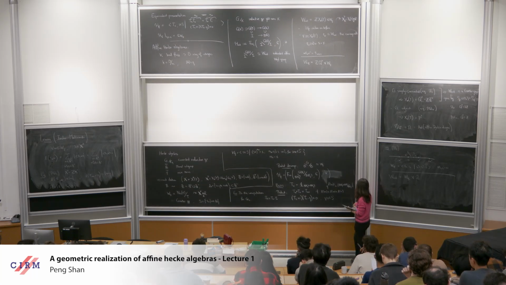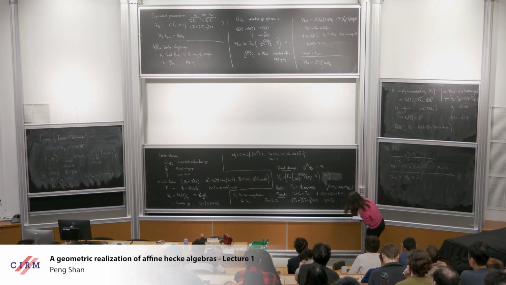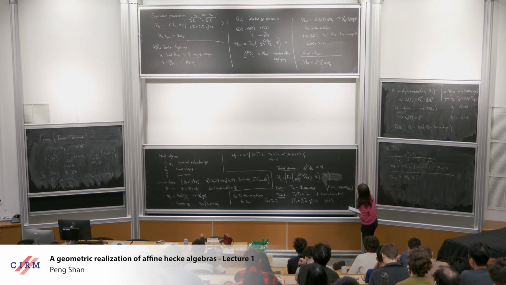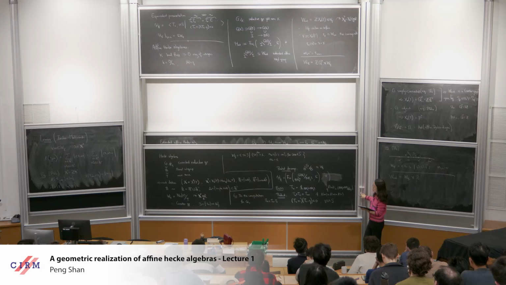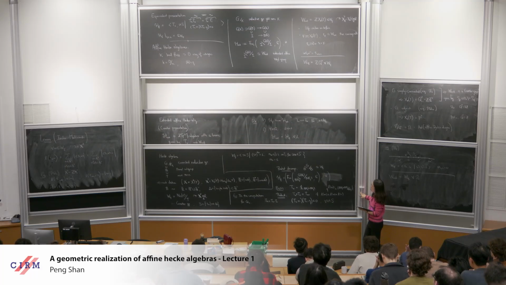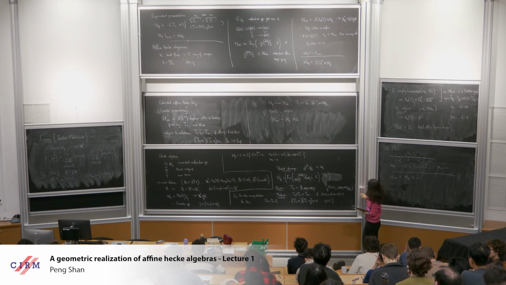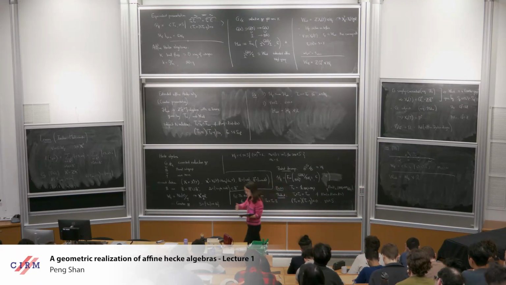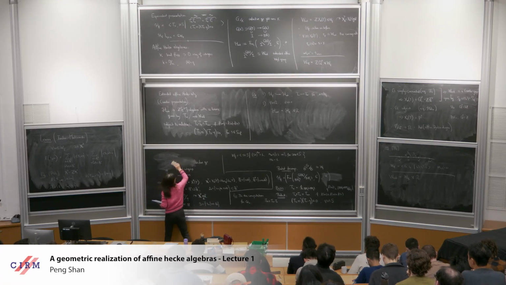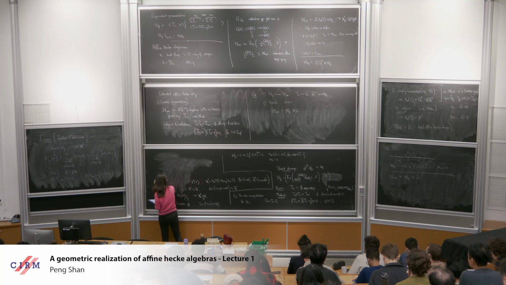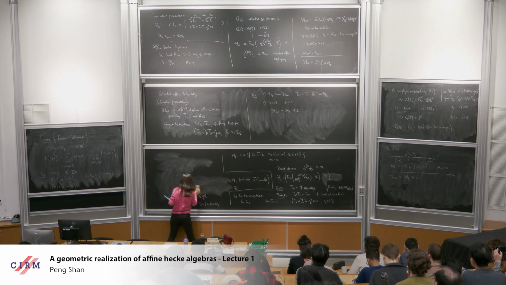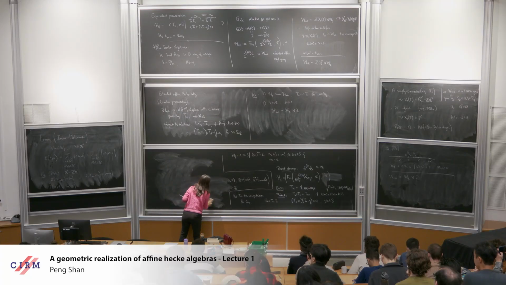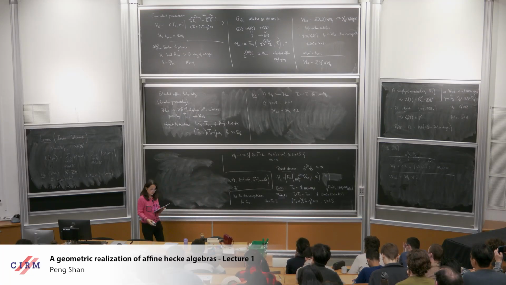So you can ask, in the affine Hecke algebra, can you find a similar presentation, closer to this one, where you have a big commutative subalgebra, which is this lattice group, and then a finite Weyl group part. It actually exists, and this is the so-called Bernstein presentation. So this is the next thing I want to discuss.